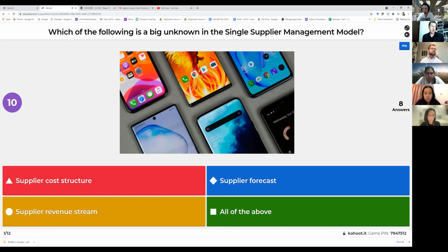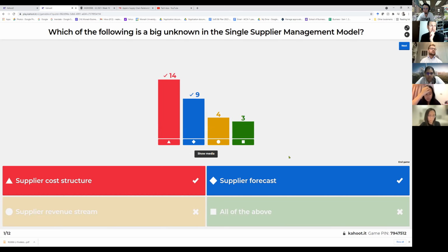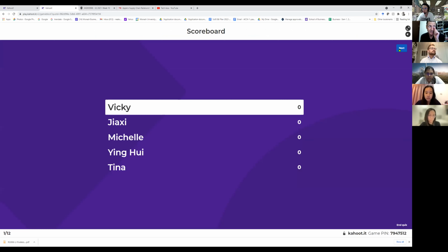Definitely, we don't know the cost structure of the supplier. That's definitely it, but there may be more than that. Supplier forecast. It's good to know the supplier forecast as well. Now, that's going back pre-Apple, but that's fine. We want to just keep that in mind. Vicky, you're on top. Jianxi, Michelle, Yinghui, Tina. Well done.